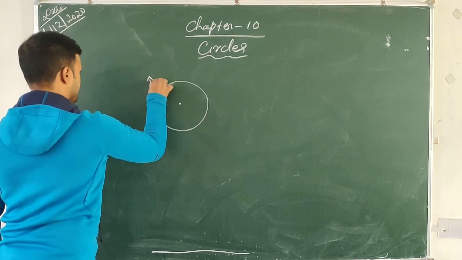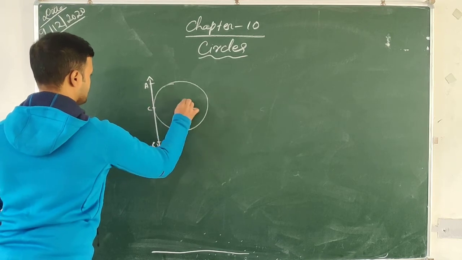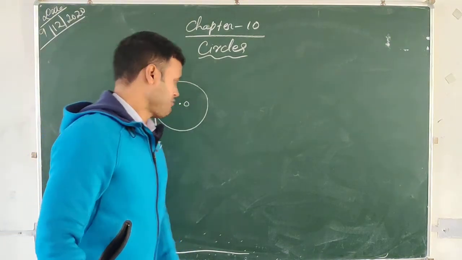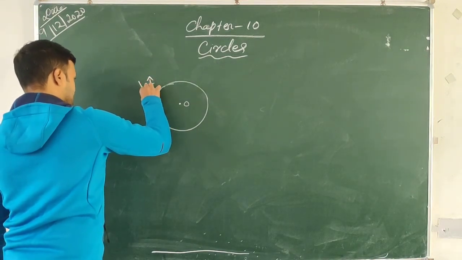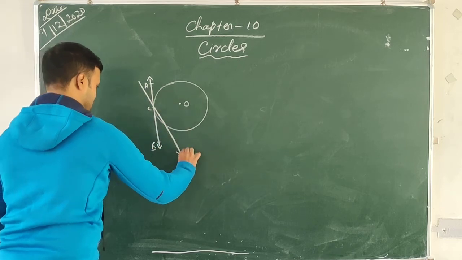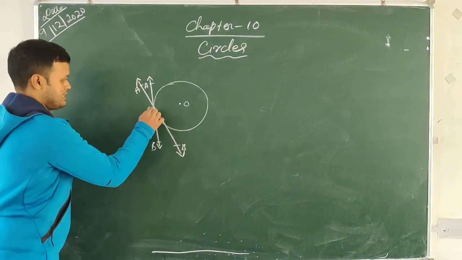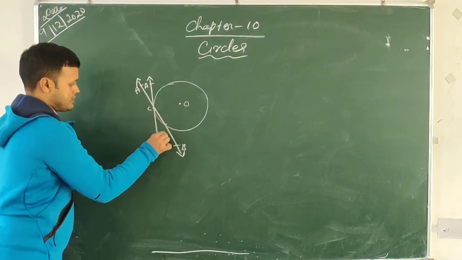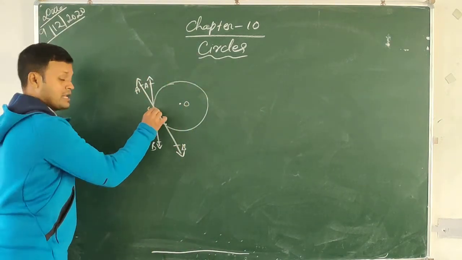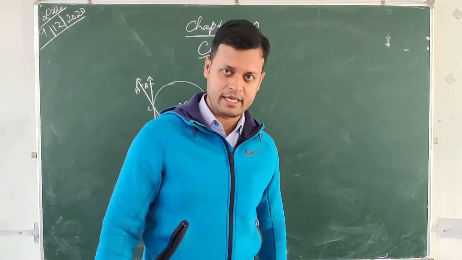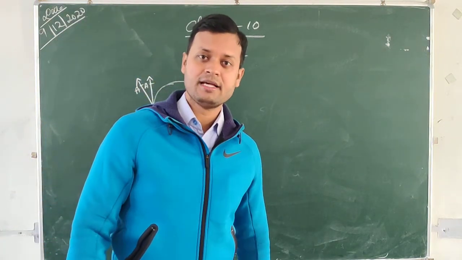Suppose this is the tangent AB, and this is the point, suppose C. Now if you just tilt this line, if you want to draw one more tangent by making an angle at this point, you will observe that it becomes a secant. It touches the circle here also and it touches the circle here also. So at any particular point you can draw only one tangent to a circle.